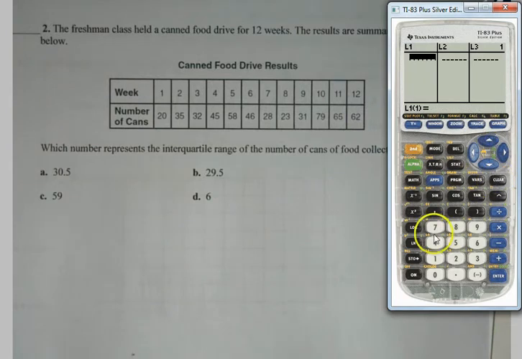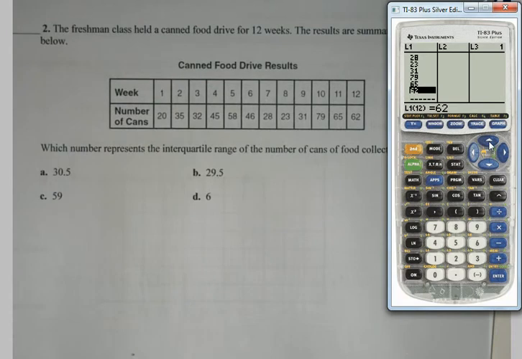There we go. So I'm going to type in my number of cans each week here. So there's lots of applications that we can get out of our statistics menu. Okay, we've got 12 values again, so we're good there.